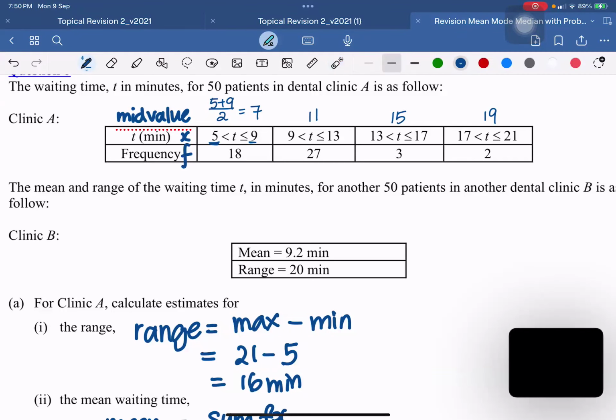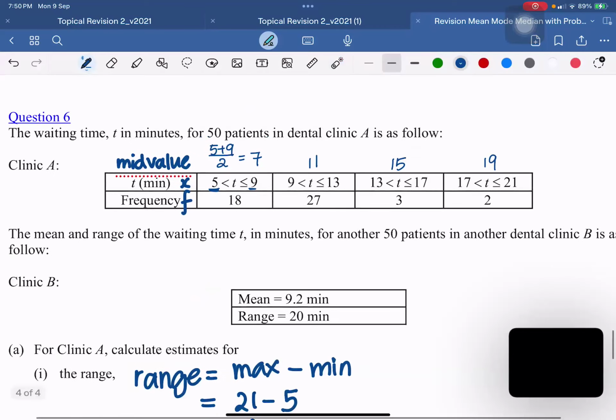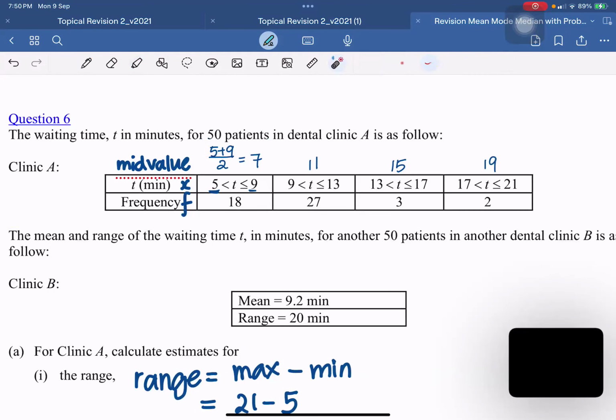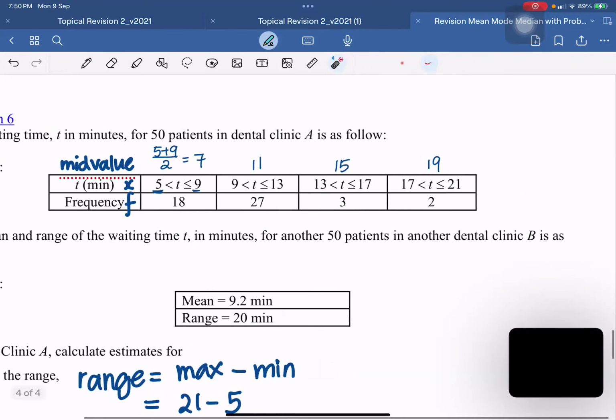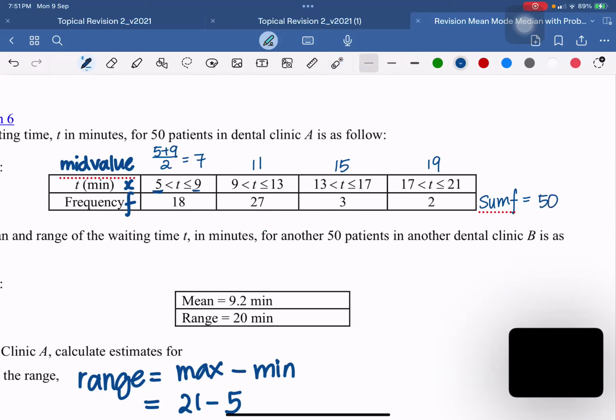Now I want to find the sum of frequency first. Can you all calculate what is the sum of frequency? 18 plus 27 plus 3 plus 2 gives you 50.